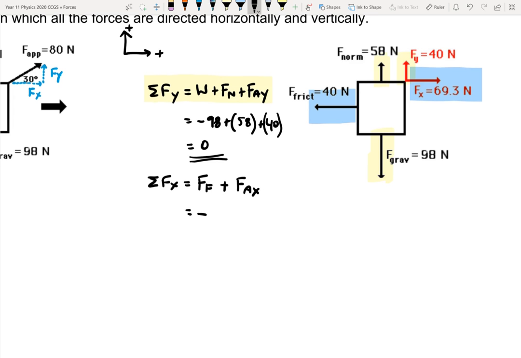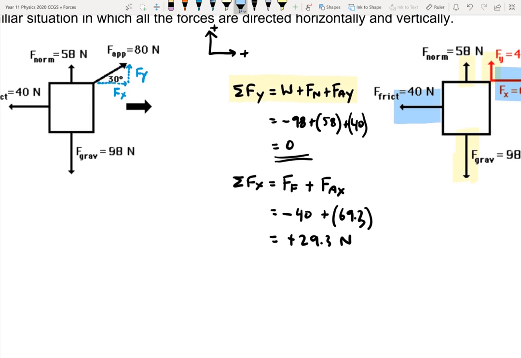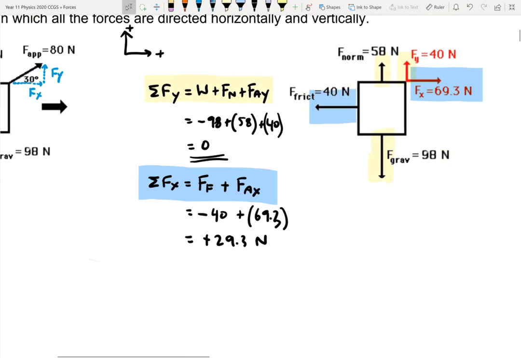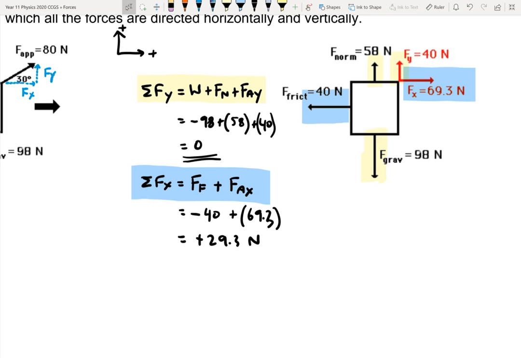I'll go negative 40 plus 69.3 equals plus 29.3. Boom! There is our unbalanced force. So this object is accelerating. Just turns out it's accelerating off to the right.